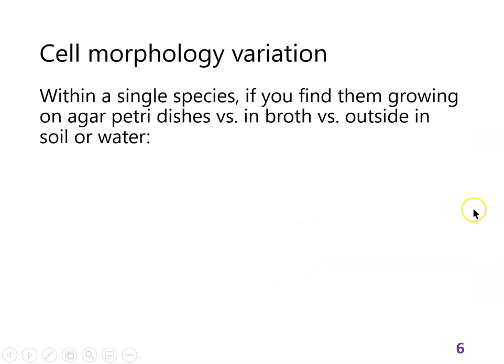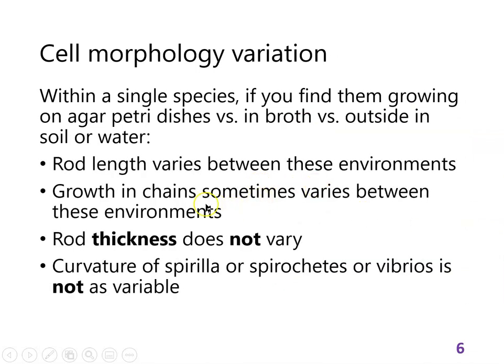And sometimes I've seen growth in chains be really variable, depending on how they're growing. Even Streptococcus bacteria won't grow in chains in liquid broth in some situations. So those groupings we see are not always diagnostic.